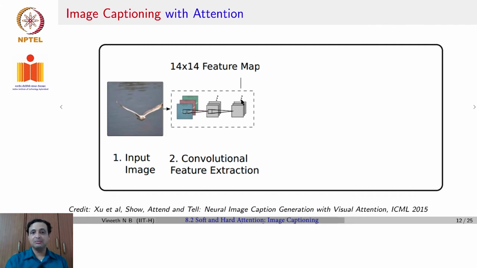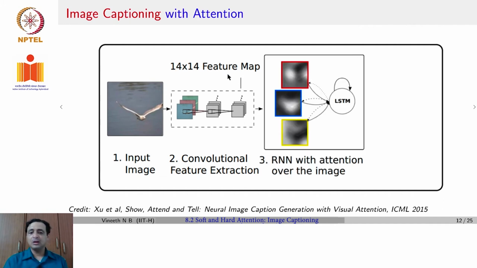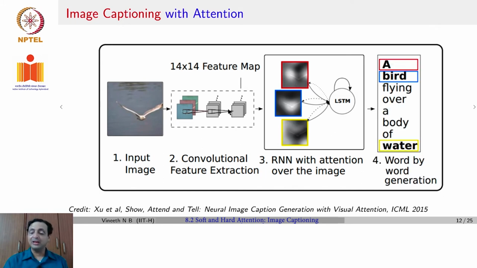Remember here, we mentioned this in the last lecture too, you don't consider FC7 layers because if you need attention, you have to retain the spatial properties of the representation. So you extract a certain convolutional layer's output, in this case say a 14x14 feature map. Then you have an RNN with attention on this feature map, and you finally get the word by word generation, a bird flying over a body of water.